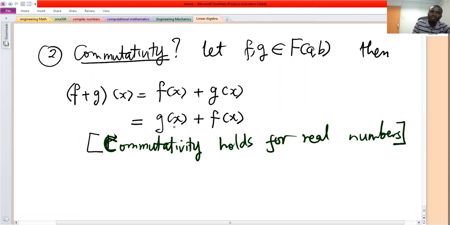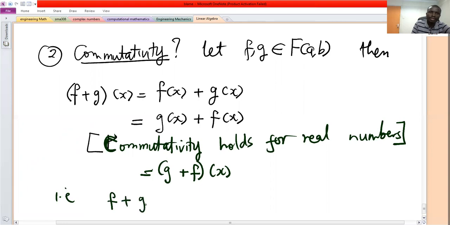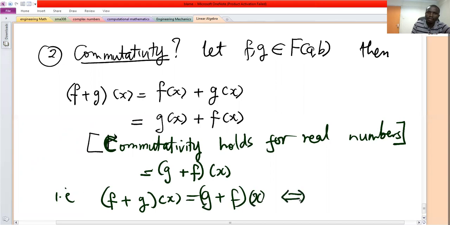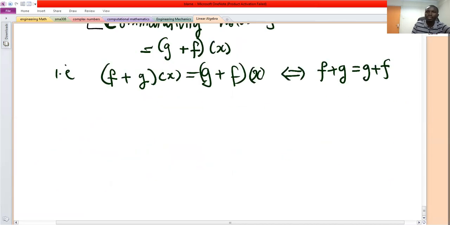And so from this step, if F plus G of X is written as F of X plus G of X, then this one is the same as writing G plus F of X. That is, F plus G of X is the same as G plus F of X, which implies that F plus G is equal to G plus F. And this is what shows commutativity.